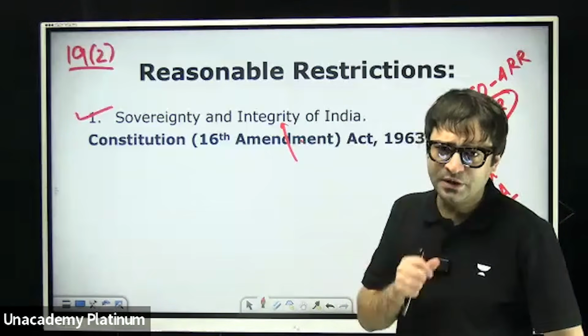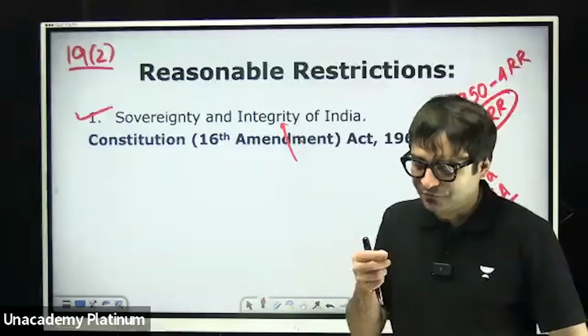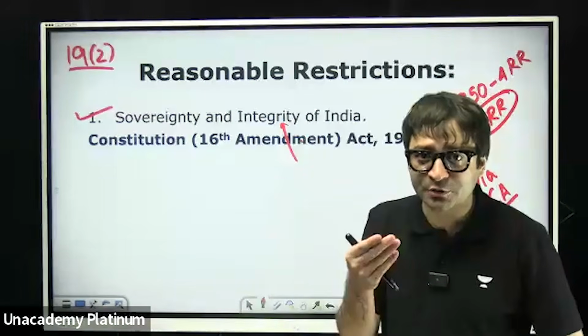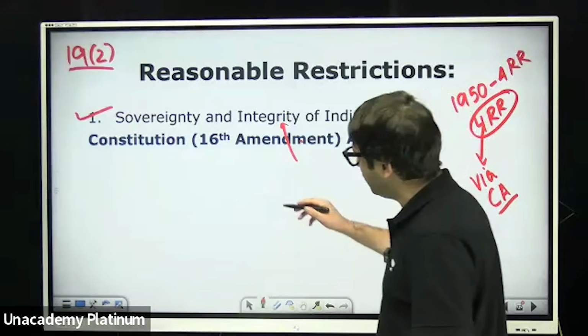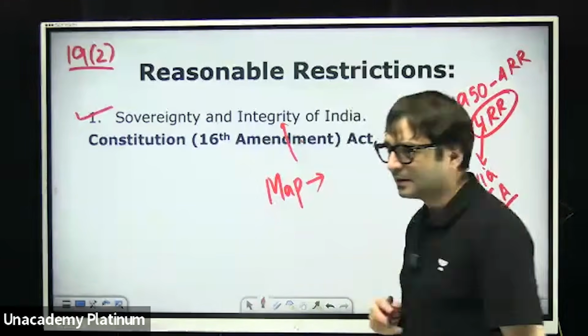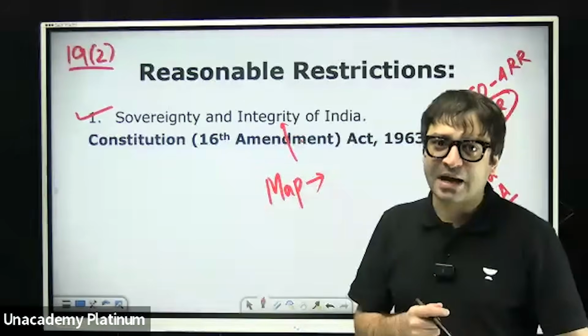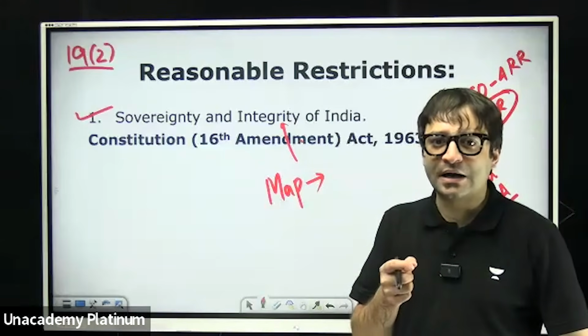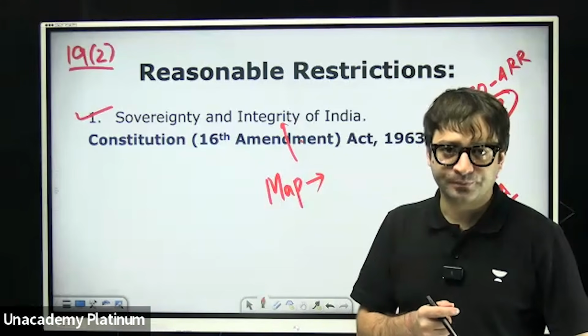What does that mean? In simple terms, if you have the freedom of speech and expression, you want to express yourself. Can you express yourself by making a map of India? But what if in this map, you do not show Aksai Chin as part of India?